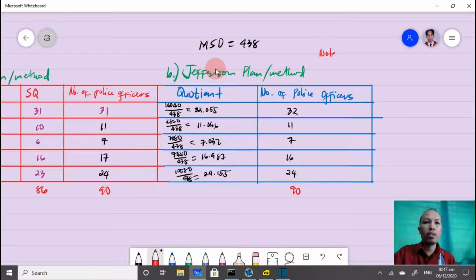The range for the modified standard divisor, when I played some numbers, is between 437.64 to 440.